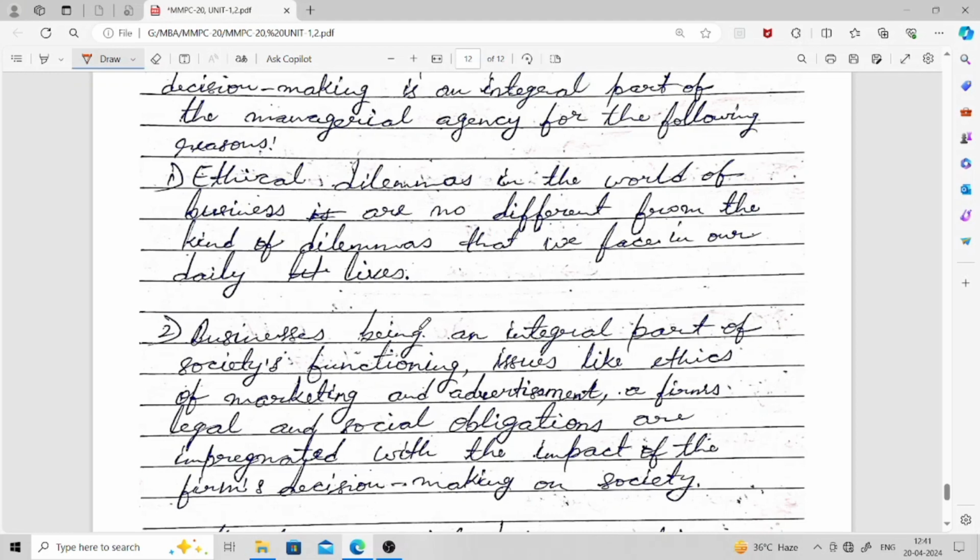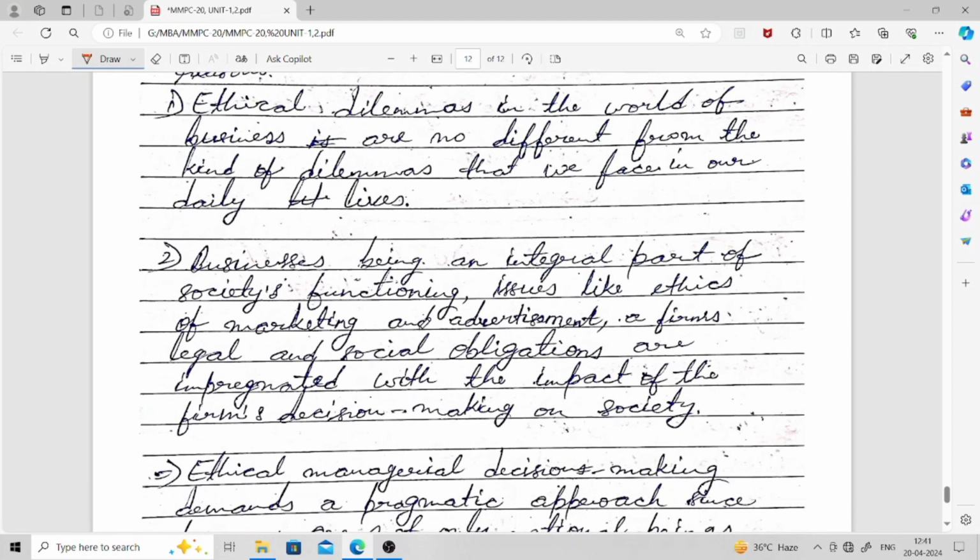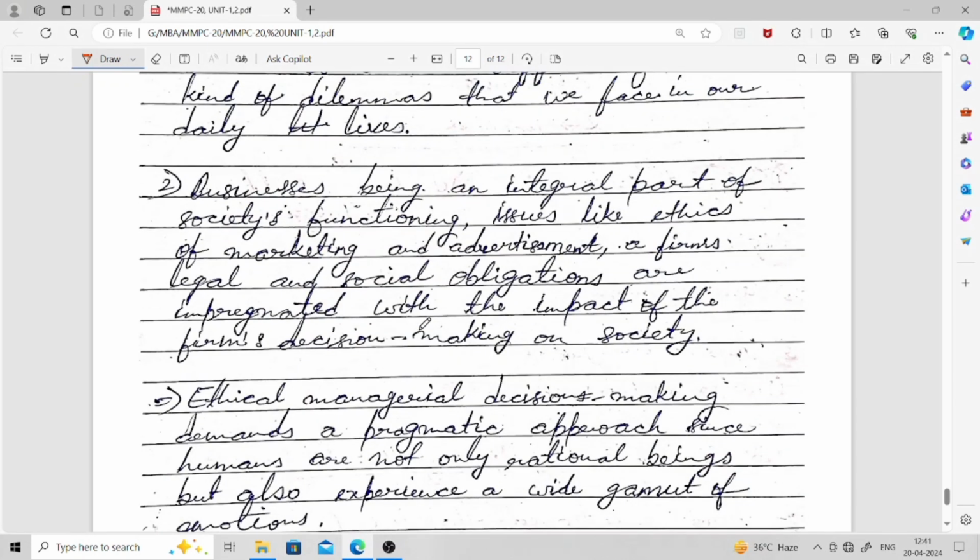Second, given businesses are an integral part of society's functioning, issues like ethics of marketing and advertising, and a firm's legal and social obligations are impregnated with the impact of the firm's decision making on society.